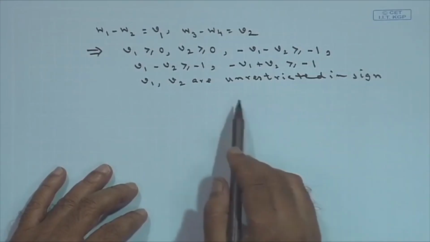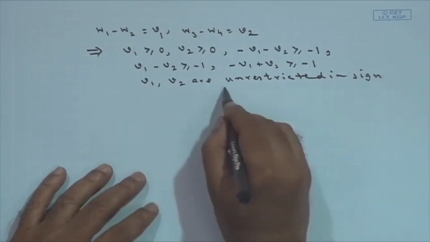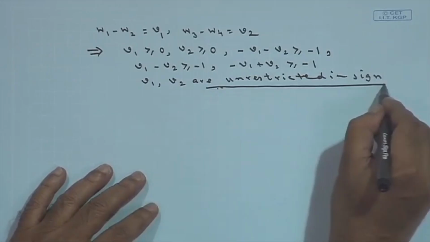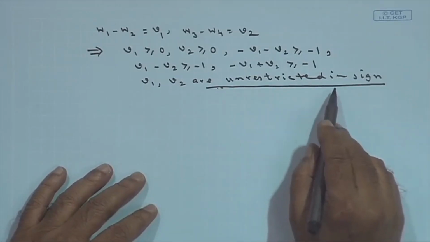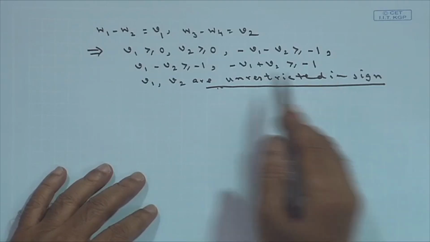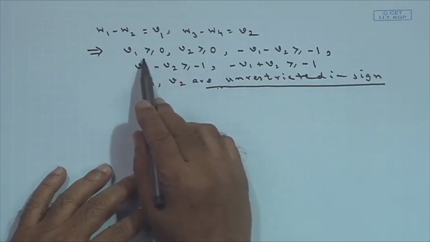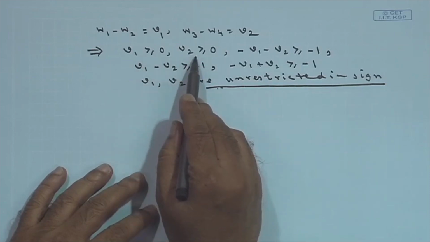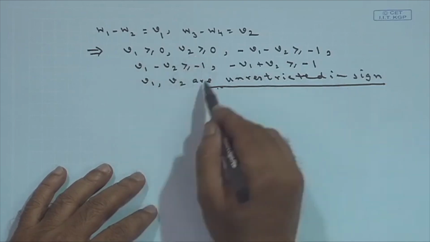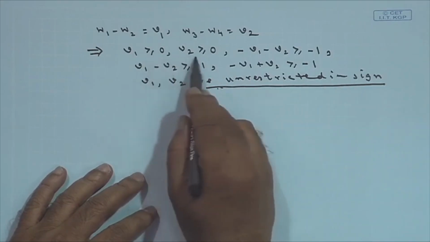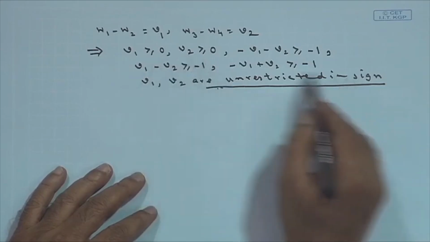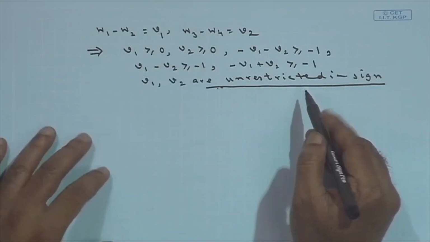But here this condition, unrestricted in sign, is redundant. What is the reason for this particular problem? The reason is V1 we have already told greater than equals 0, V2 is also greater than equals 0. So, this will not be there for this particular problem because of these two constraints. This is redundant and we will not use it.